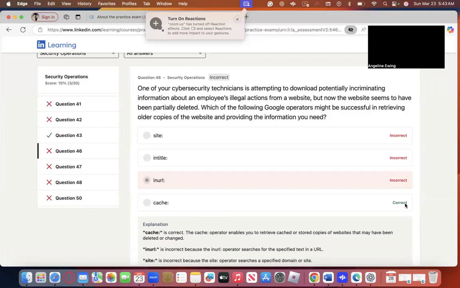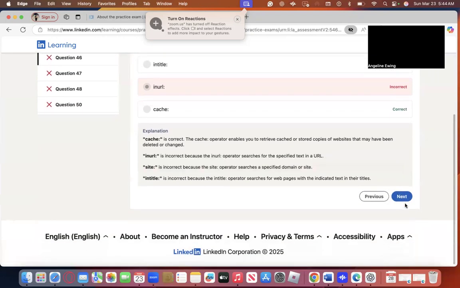That would be cache. Cache is correct. The cache operator enables you to retrieve a cached or stored copy of websites that may have been deleted or changed.